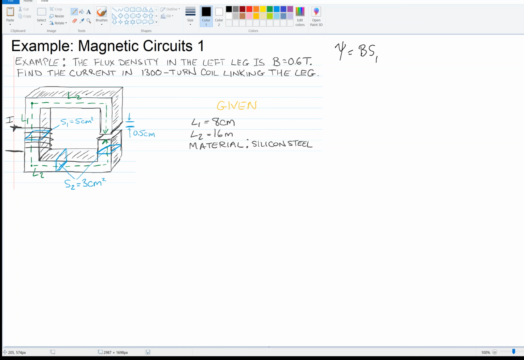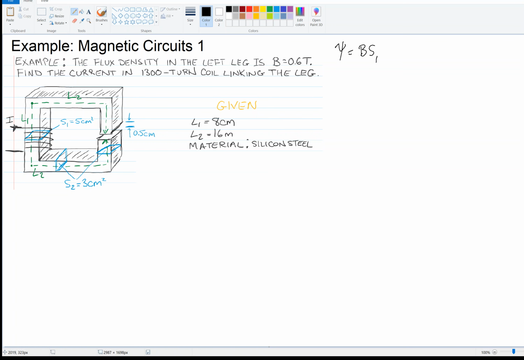The coils produce a flux density on the axis of the coils, which happens to be parallel to the surface area vector S1. So when you do B dot dS, since they're parallel, all you get is B times S. And that is the flux.